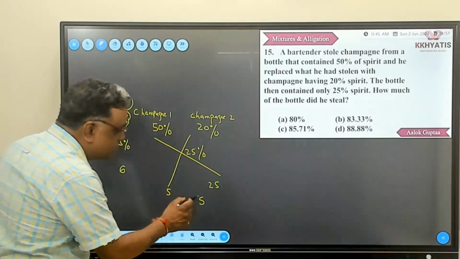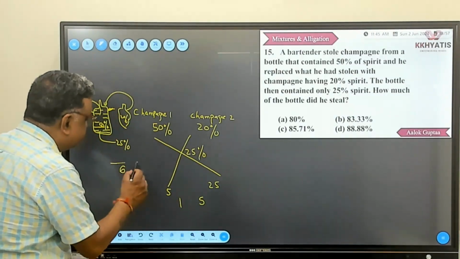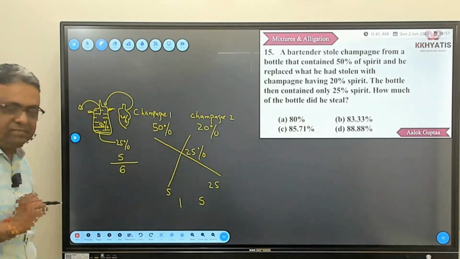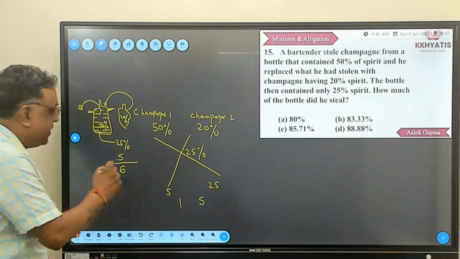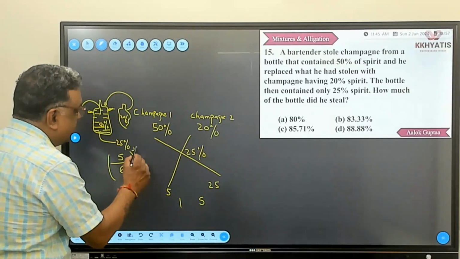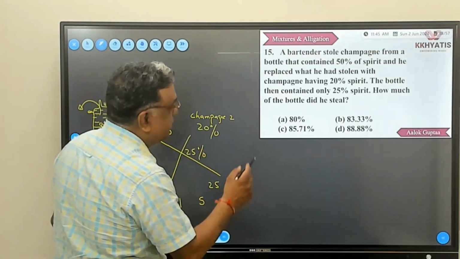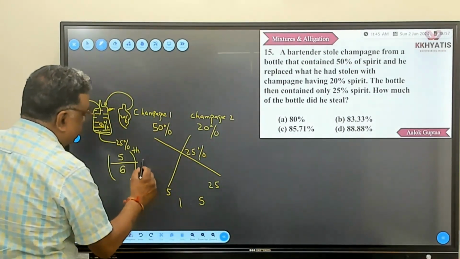And how much was stolen? 5. Correct? So 5/6 of the bottle was stolen, and I've been asked in terms of percentage. So no problem.